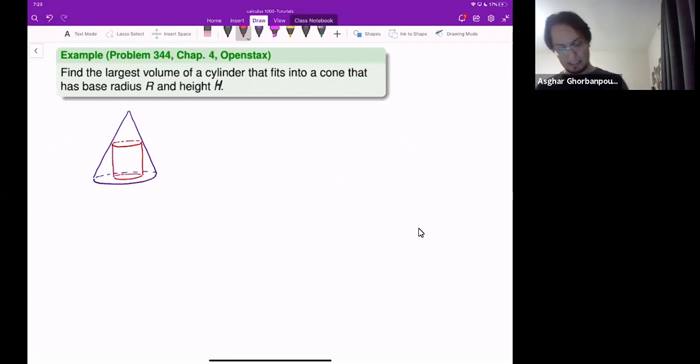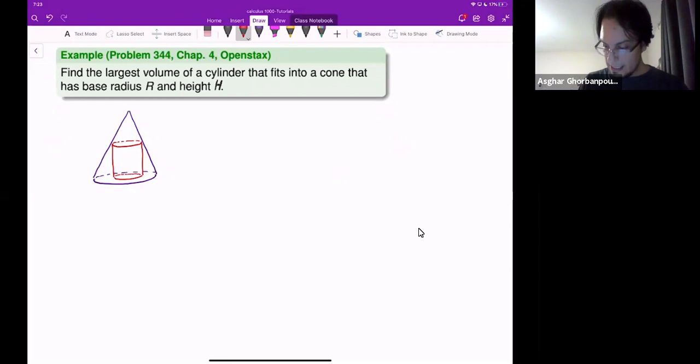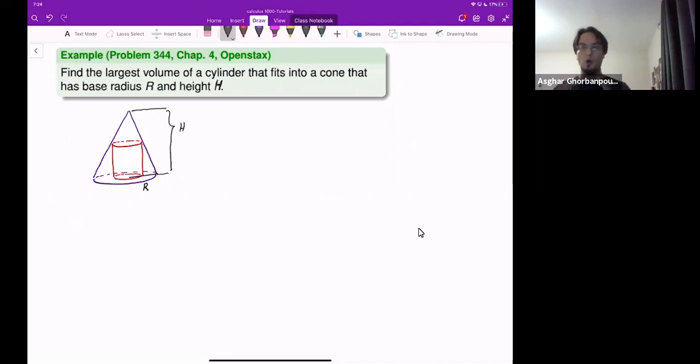But here, what is important is that the radius of the base of the cone is given. It is capital R. The height of that guy is also given. It's capital H. So we have a fixed cone.